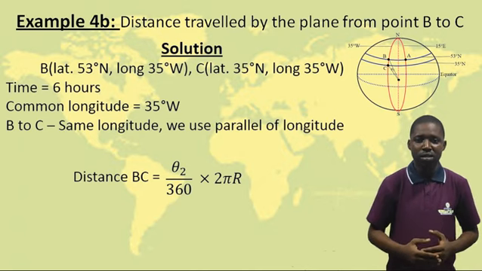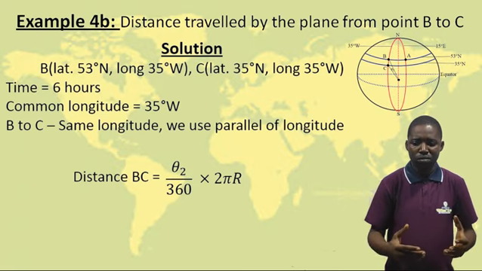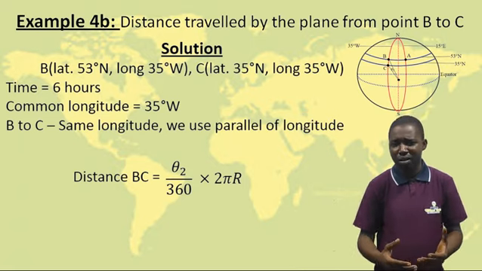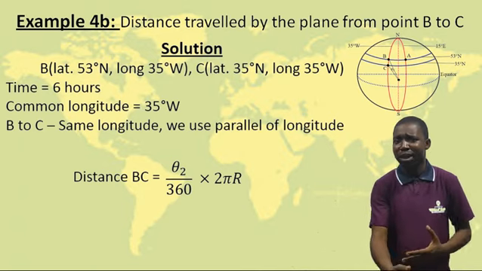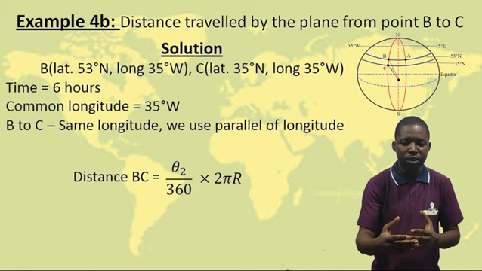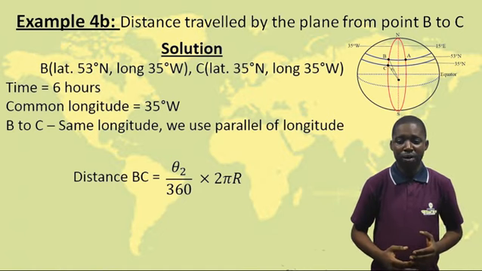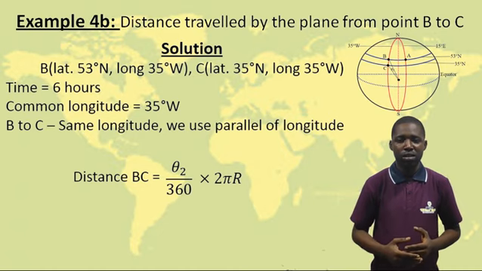Now let me put my values. My distance for BC will be equal to my theta. Let me go back to getting theta, the angular difference. I need to do that before I can apply this formula. In the question we have 53 degrees north for B, and 35 degrees north for C. You can see it on the globe.